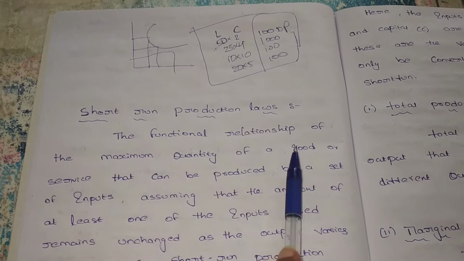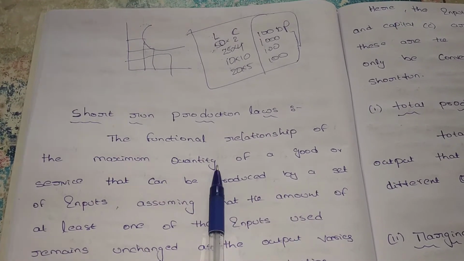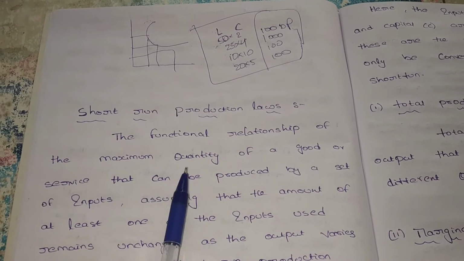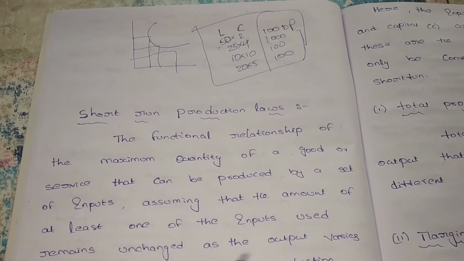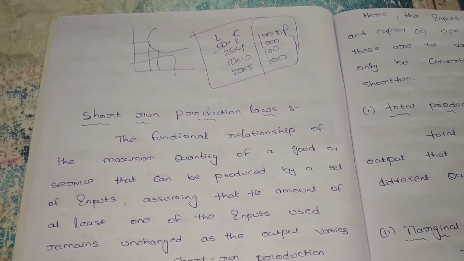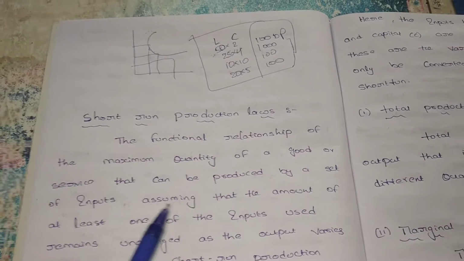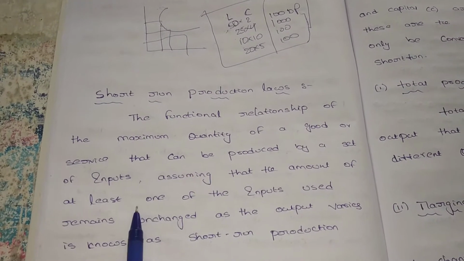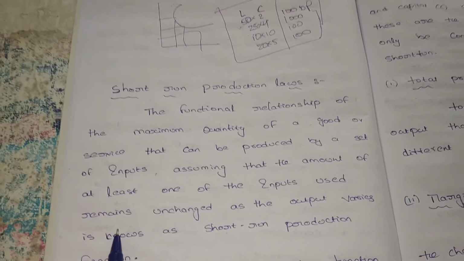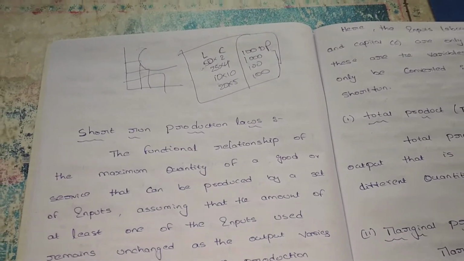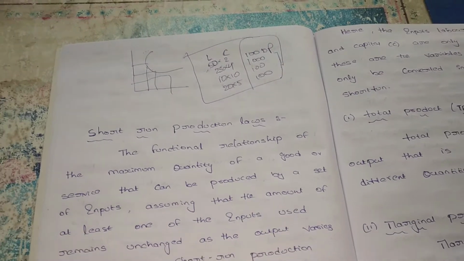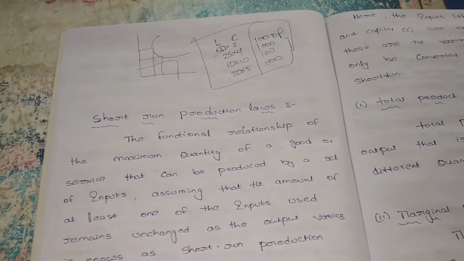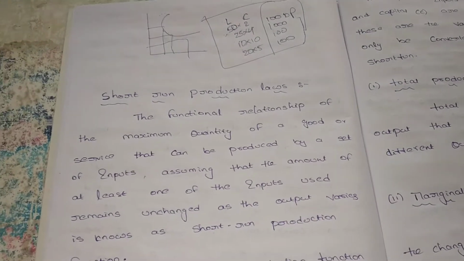It is the functional relationship of the maximum quantity of goods or services that can be produced, whatever type of goods we are producing or services we are giving, by using inputs, assuming the amount of at least one of the inputs used remains unchanged. In the short run production function, one of the inputs remains unchanged. That means all are fixed, but there is one input factor that may be changed.